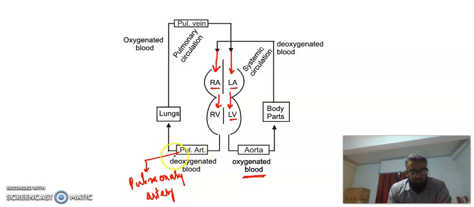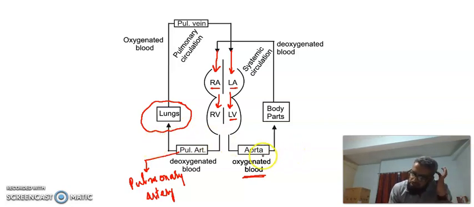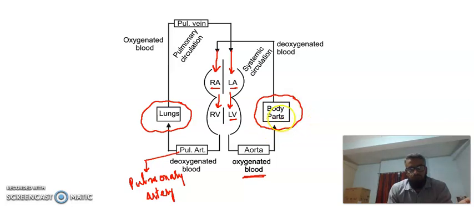And the pulmonary artery transports this deoxygenated blood to the lungs, where the oxygenation of this deoxygenated blood occurs. Similarly, the great aorta pumps the oxygenated blood to various parts of the body. Body parts use the oxygen of that oxygenated blood and give out the deoxygenated blood.